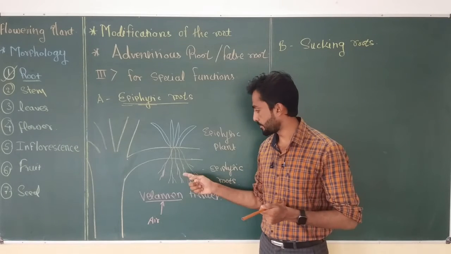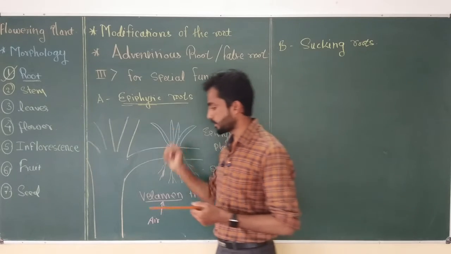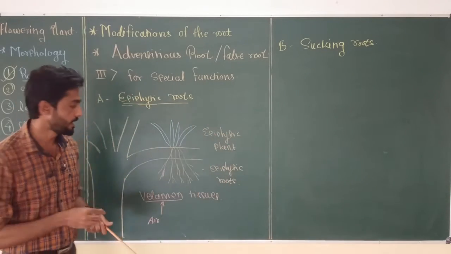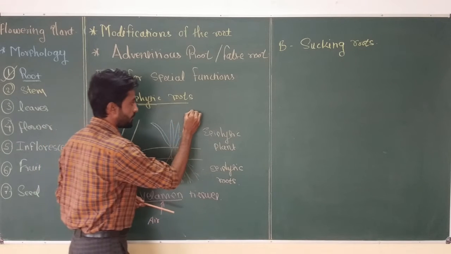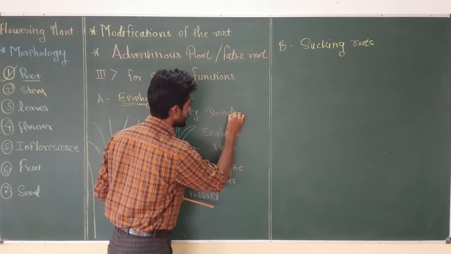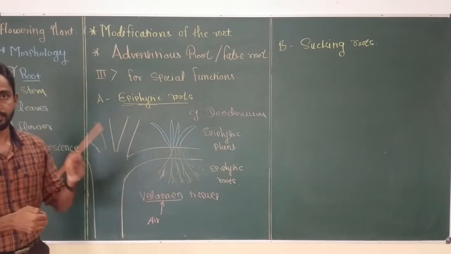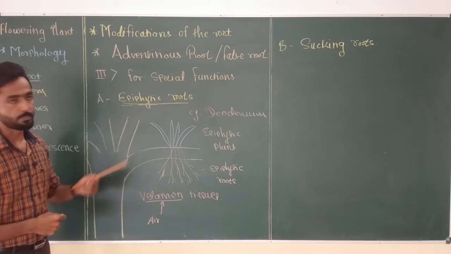That means they are able to produce food material. Okay, so this is about the epiphytic root which is present in the epiphytic plant. An example of a plant which has this epiphytic root is Duodenum. Okay, Duodenum is the example of a plant that shows epiphytic roots.